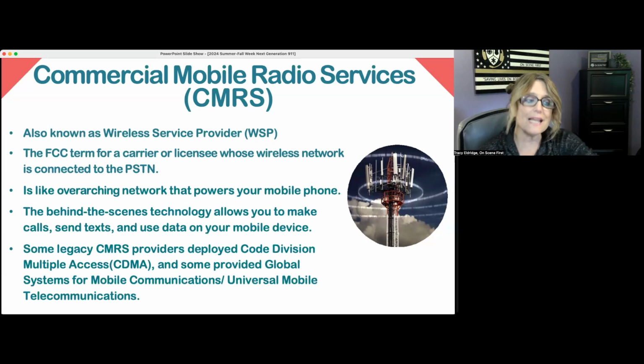There are some legacy CMRS providers that have deployed a few different types of networks. So there is one called Code Division Multiple Access, CDMA, and some have provided Global System for Mobile Communications / Universal Mobile Telecommunications.